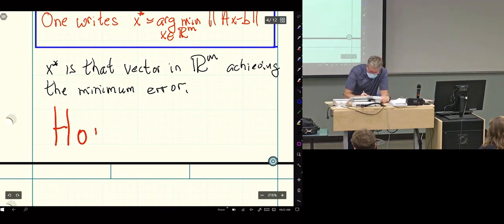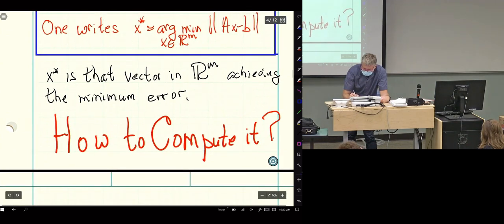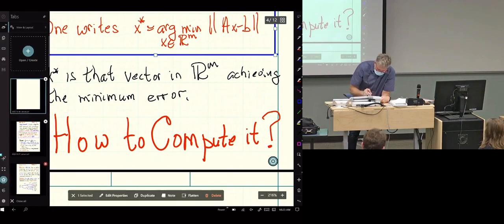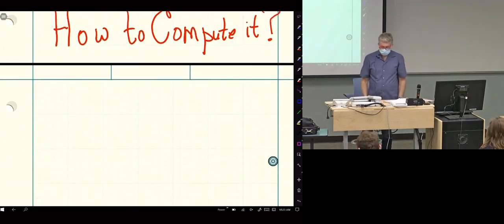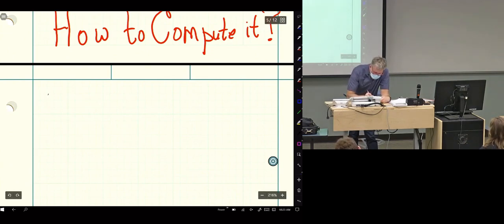And so now we want to know how to compute it. Okay, and the answer is too simple to even believe. Okay, you're not going to believe it. Okay, it's just too simple. So, but I'll write it as more or less a theorem fact.